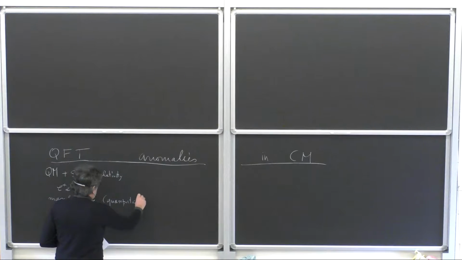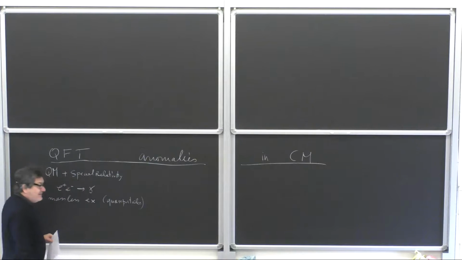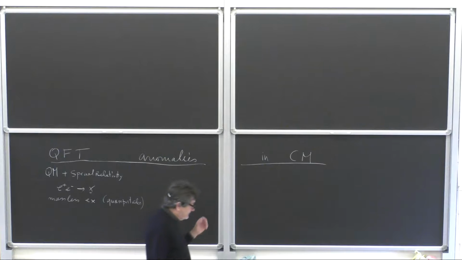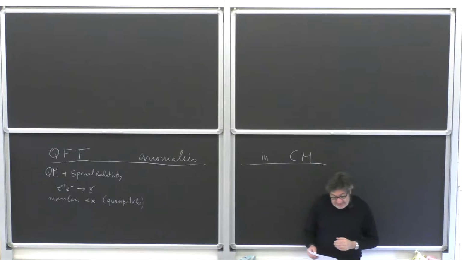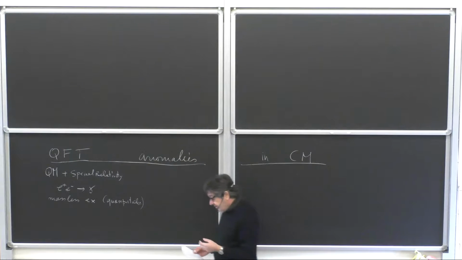Sometimes you start from a condensed matter system where everything is written in terms of electrons, but at low energy you have some quasi-particles that are in fact massless. For example, phonons are massless, but this is not really applicable to what we're going to say because they are bosons.